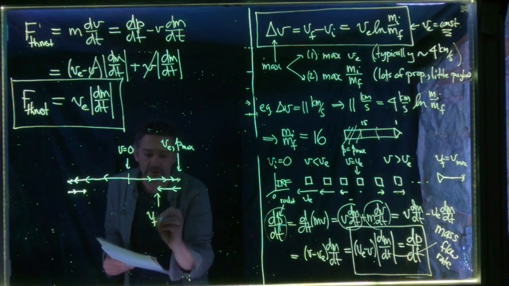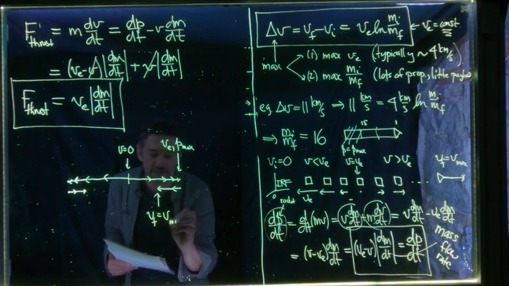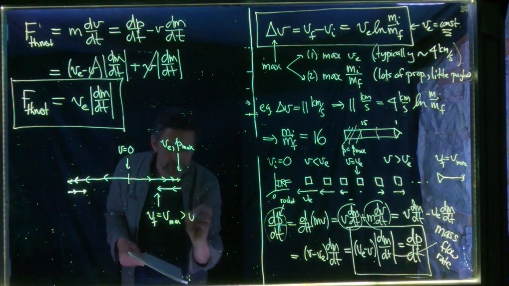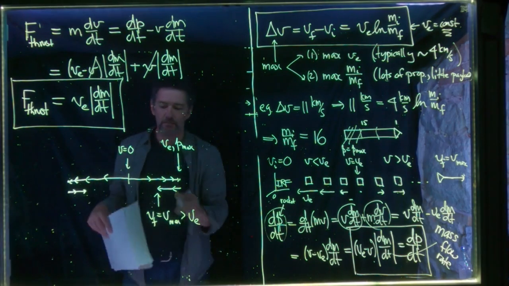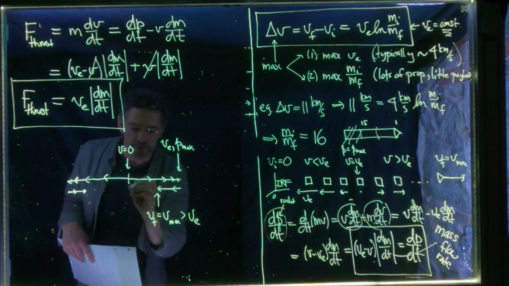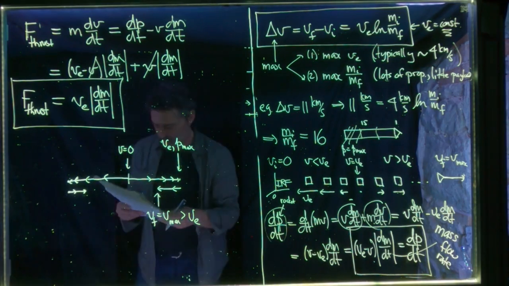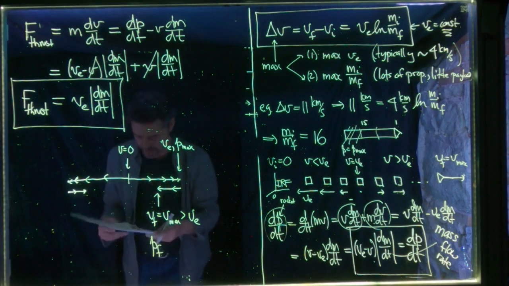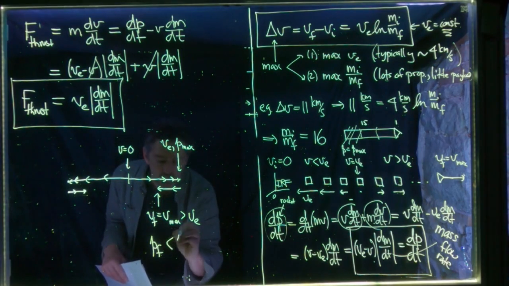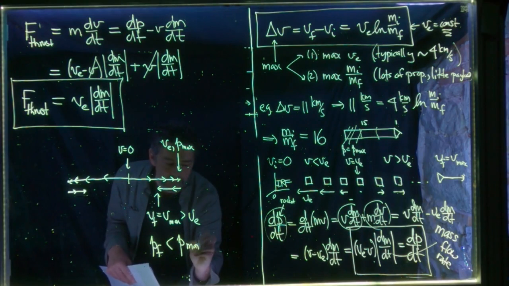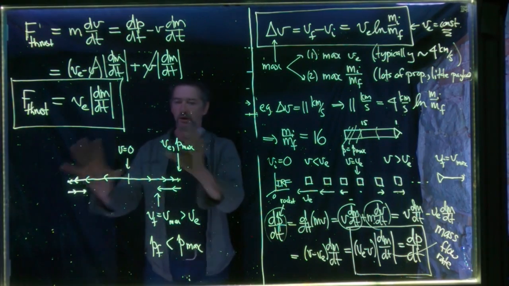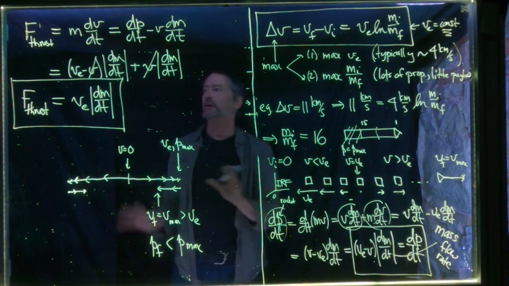So V final, which is the maximum velocity of the rocket, is certainly greater than the speed of the exhaust gas particles, but the momentum of the rocket that's left over, P final, is going to be less than P max. Okay, so that's kind of an interesting picture. It summarizes this whole discussion in a nice little diagram.